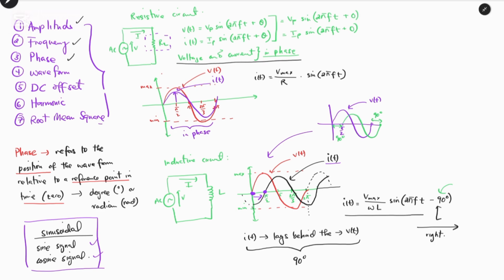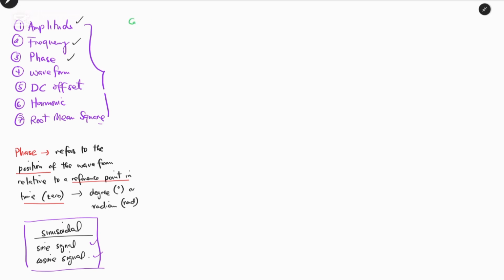Now we will look at a capacitive circuit as a final example. For the capacitive circuit, we have the AC and we have a capacitor, and we have the voltage and the current. This type of circuit is similar to what we described in our previous example of the waveform. We can have pi on 2, pi, 3 pi on 2, and 2 pi.